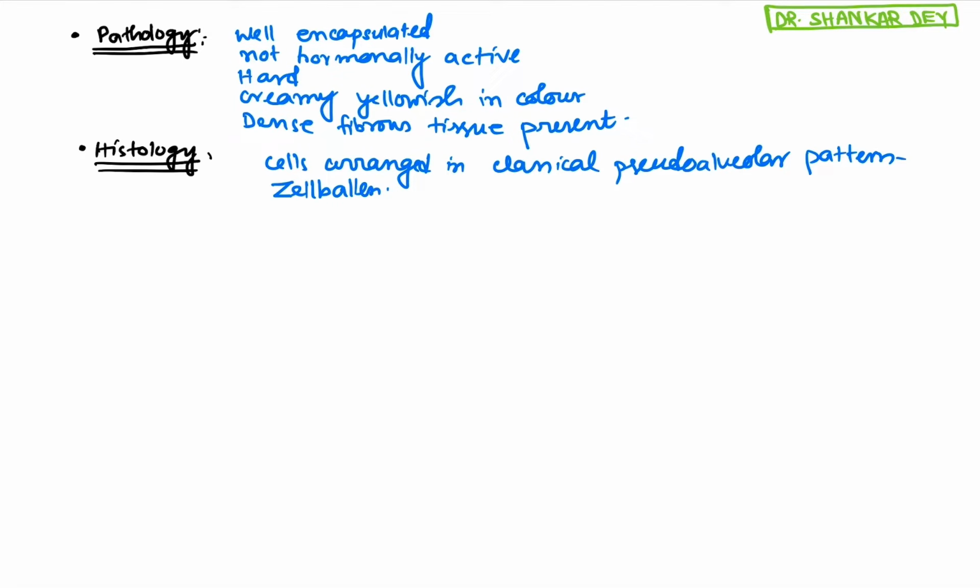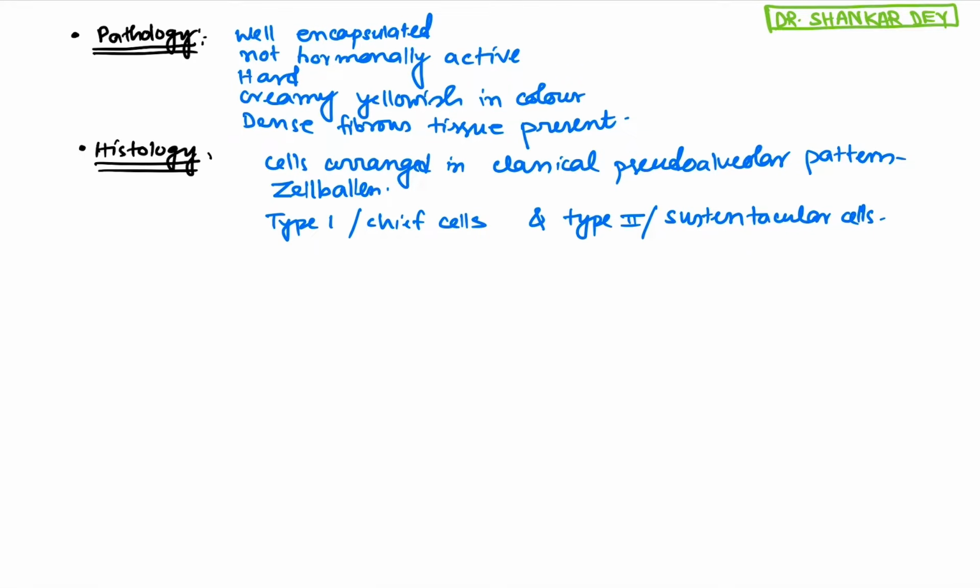It contains type 1 chief cells with catecholamine granules and type 2 sustentacular cells.